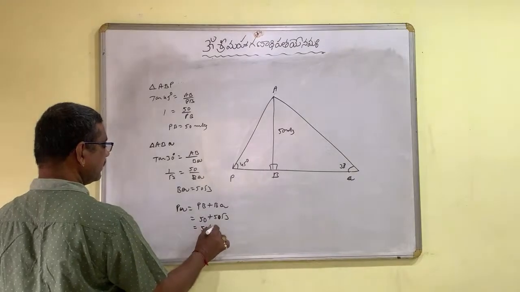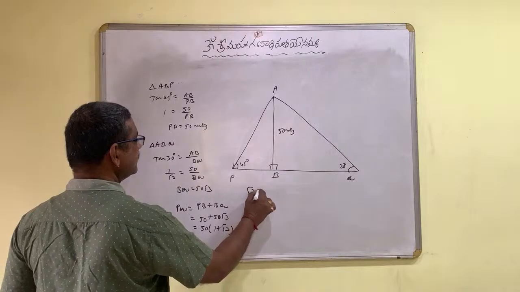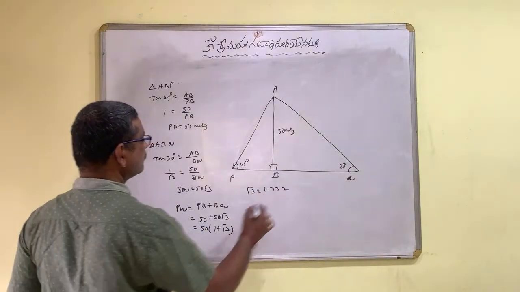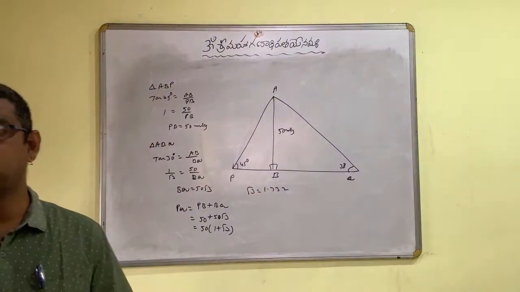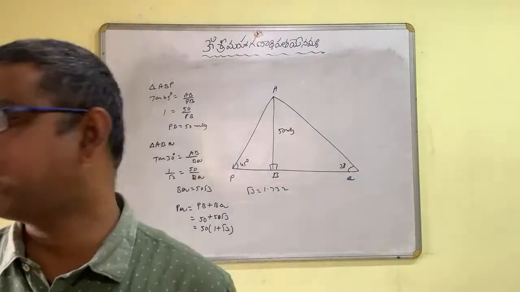Take 50 common, 1 plus root 3. But root 3 value is given as 1.732. So find the distance.